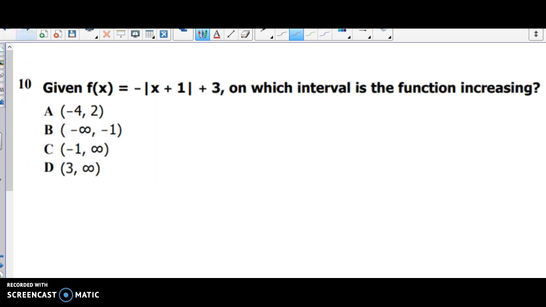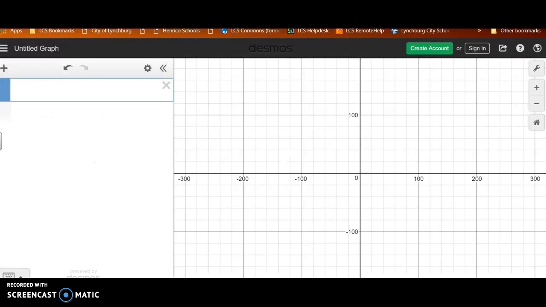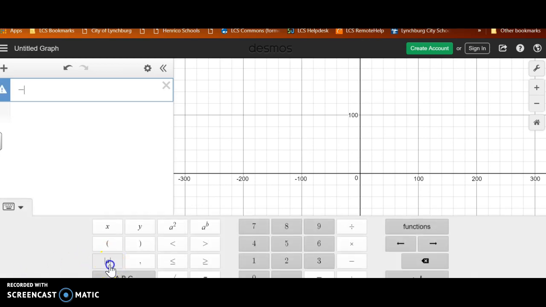If you're given this equation, on which interval is the function increasing? So we would have to graph this function. If we look at it, let's go to Desmos and put it in, and we want to know increasing. So we're going to type in our graph of negative absolute value of x plus 1 plus 3.